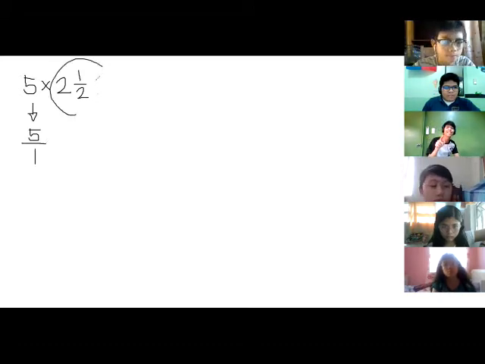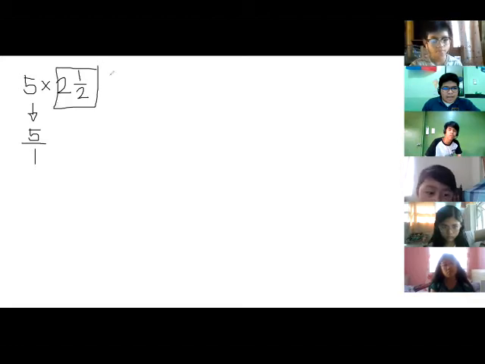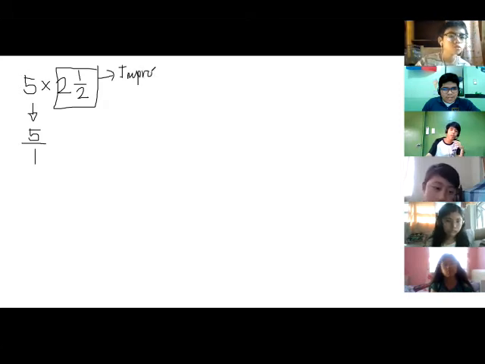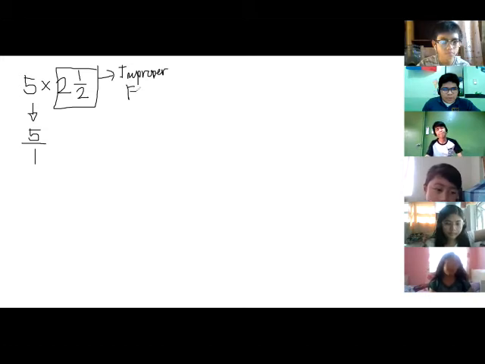Pero yung mixed number, hindi natin hahayaan na mixed number siya, okay? Kailangan gawin natin siyang improper fraction para mas madaling mag-multiply. So how do we make this an improper fraction?